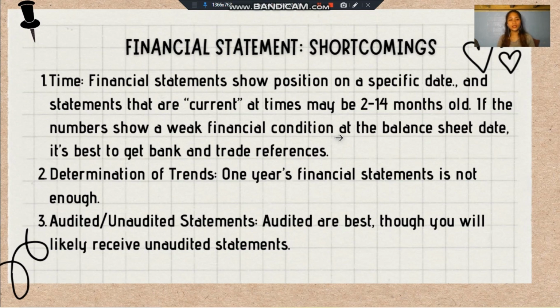Second is determination of trends, which means one year's financial statement is not enough. Number three is audited or unaudited statements. Audited are best, though you will likely receive unaudited statements.